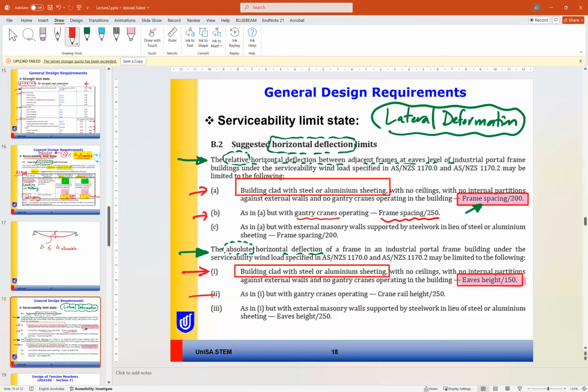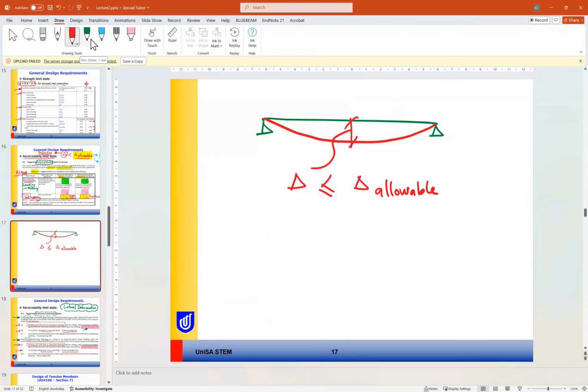And if it has gantry cranes, this limit is reduced to 250. What does this mean if we do so? First of all, before we explain the limits, here is the vertical deflection of beams.